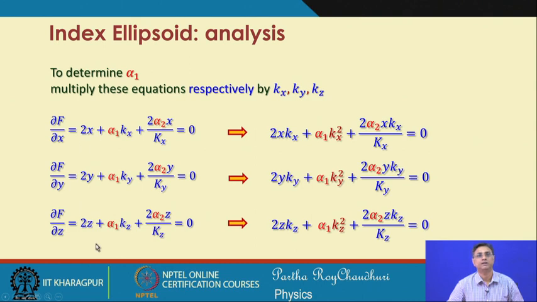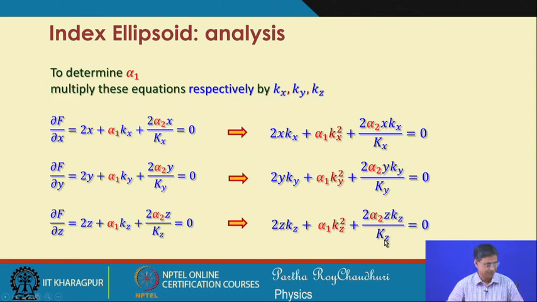So, put together they will again represent the equation of the plane, which will be put equal to 0, and this one will be equal to alpha 1 x k x, alpha 1 y k y, alpha 1 z k z.